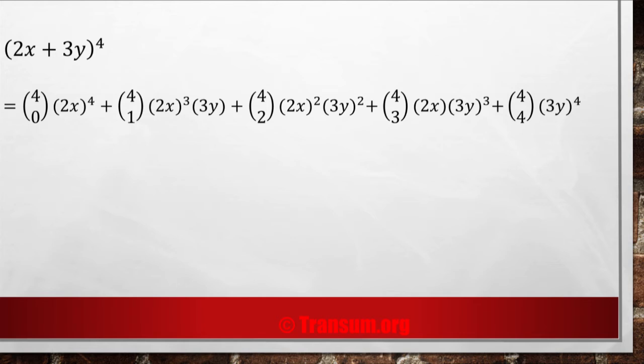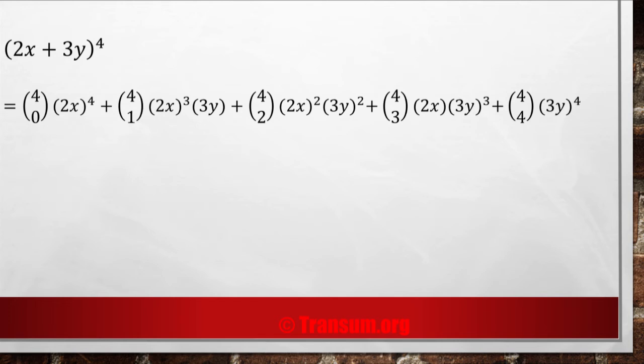But then when we raise the two terms in the brackets to the powers, we have to remember that the coefficients of those terms also have to be raised to the powers. So that's why I've put brackets around the 2x, for example, and brackets around the 3y. So you're also going to work out the numeric values of those as well.